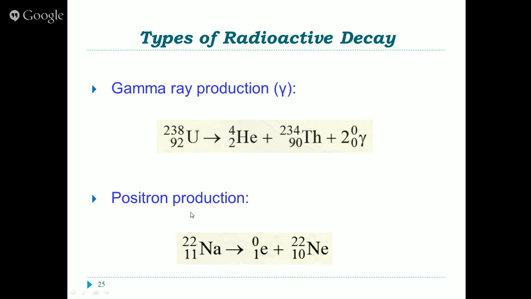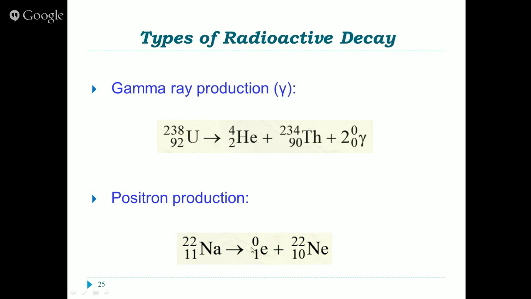We can also study positron production, which, if we look here, is just opposite in charge of an electron. So 22 equals 0 plus 22, and then 11 equals 1 plus 10. So a positive electron is what we call a positron.